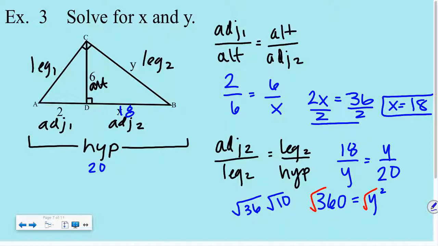What's the square root of 36? 6. Can I break 10 down any further? No. So then my y value is 6 square root of 10. Wasn't horrible, was it? Okay.